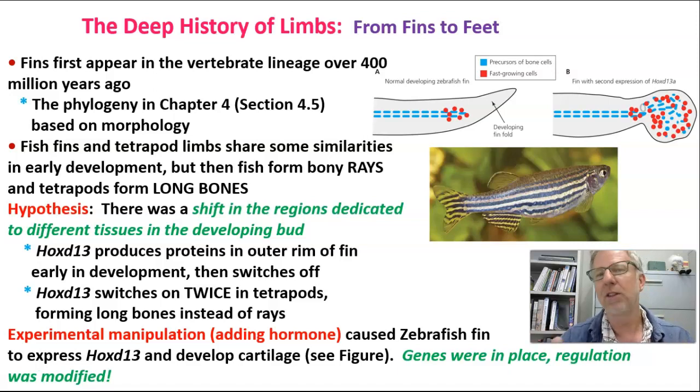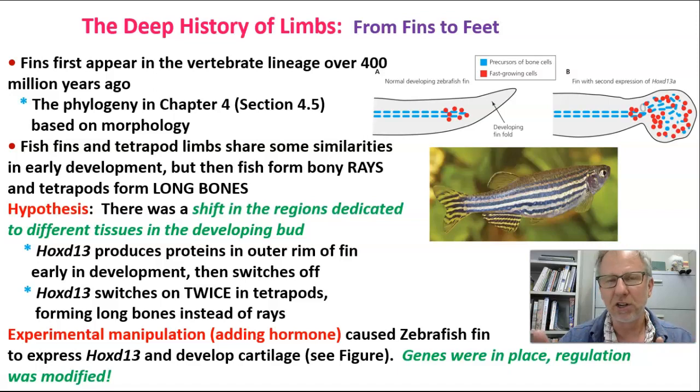So, of course, looking at the fossil record, we know that fins first appear in vertebrates well over 400 million years ago. So the genetics for fins goes back very far. And of course, the phylogeny in chapter 4 that was presented and shows the relationships of different vertebrates is based on morphology. Very traditional approach using morphology.